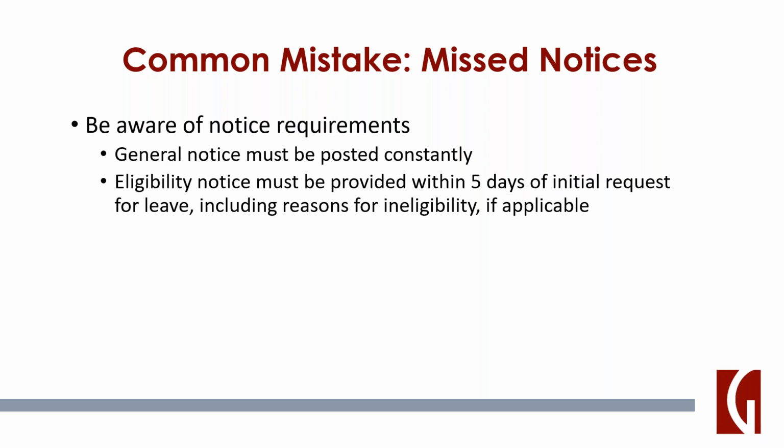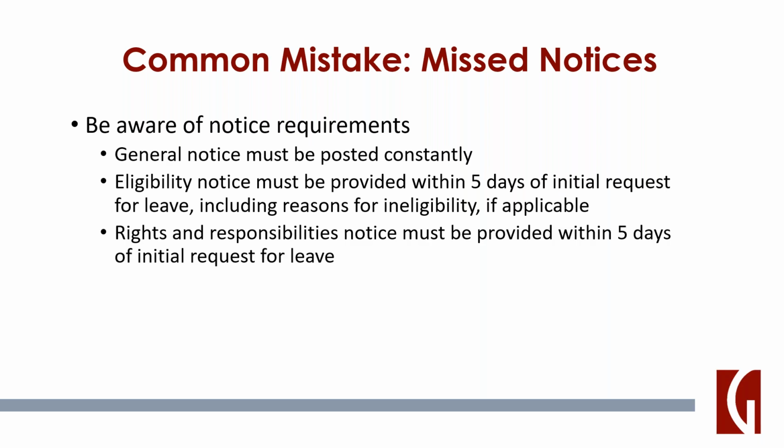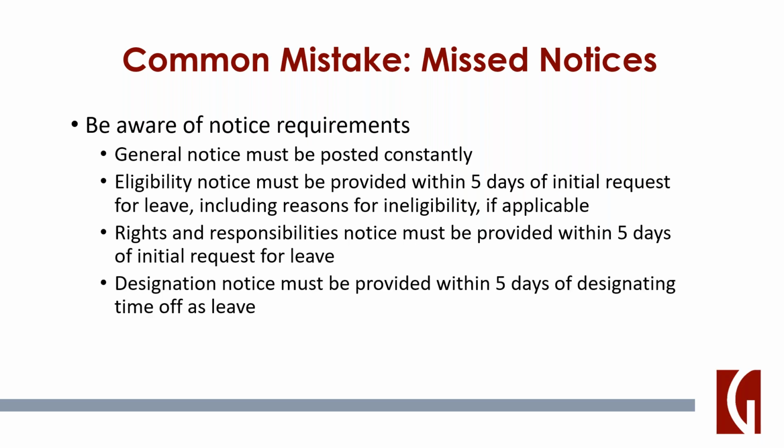So going back to this particular hypothetical, once Jim had made the initial request for his leave, the employer here should have provided that eligibility notice within 5 days. Along with that, a rights and responsibilities notice must also be provided within 5 days. And then a designation notice must be provided within 5 days of designated time off as leave.